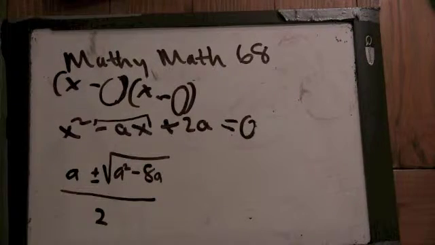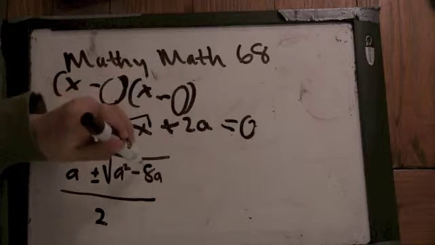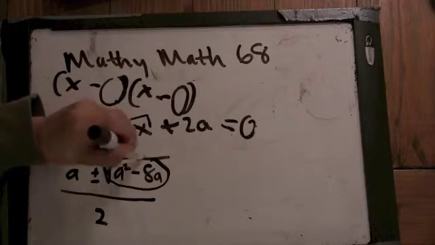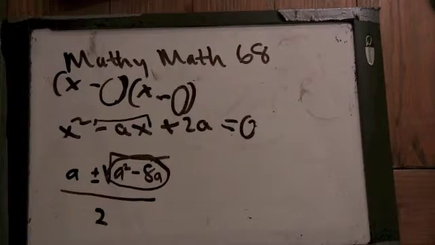And we know those are the roots, and this is an integer. So we need to figure out something to do with this. What has to be true about that expression? A squared minus 8a has to be a square.